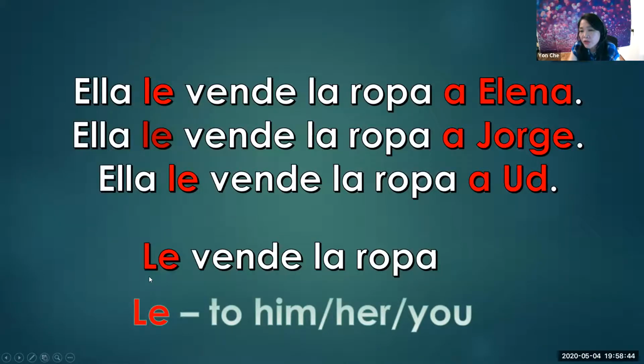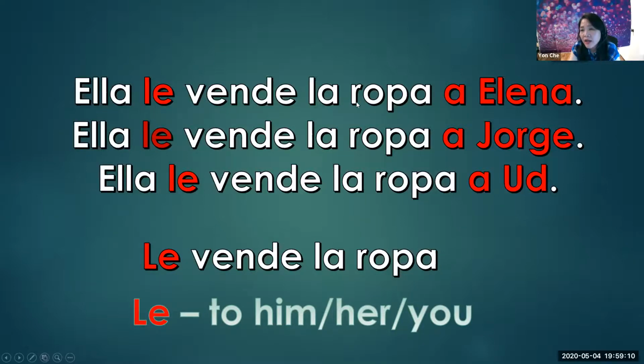If I ask you to translate le vende la ropa, who's le here? We don't know, right? Because there's no context. It can be to you, to him or to her. So what you do is you provide additional information to clarify who le is.